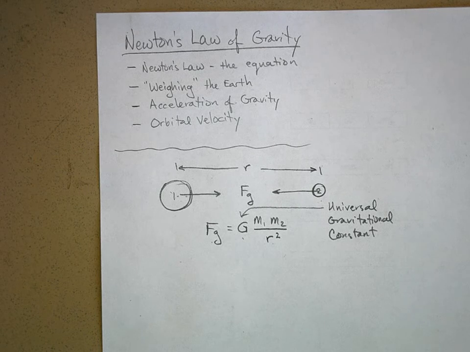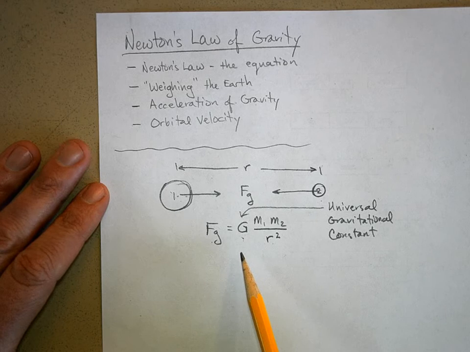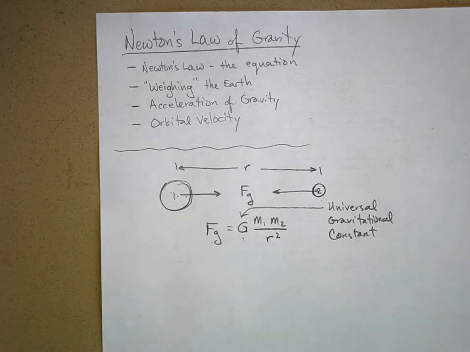And this number right here is a constant of nature. And what it is, it's a number that describes how strong gravity is, at least in our universe right now. And it's the same everywhere in the universe, as far as we know. And it just tells us how strong gravity is.